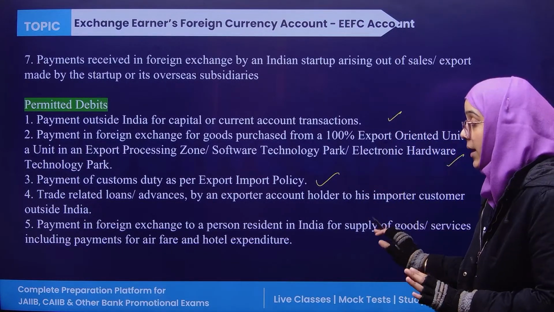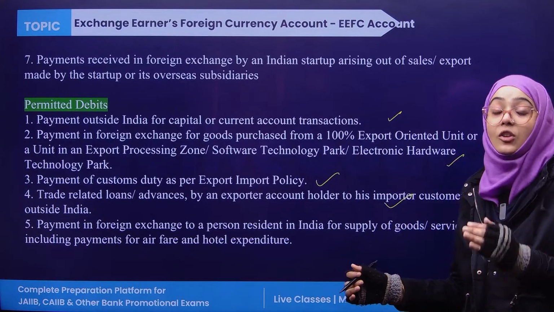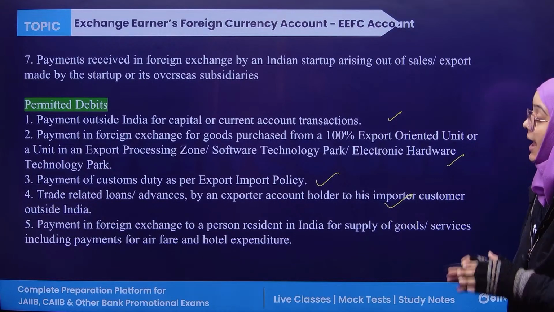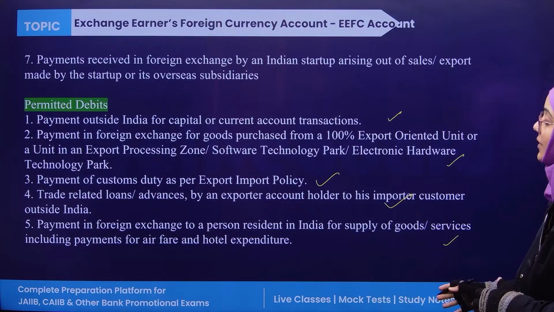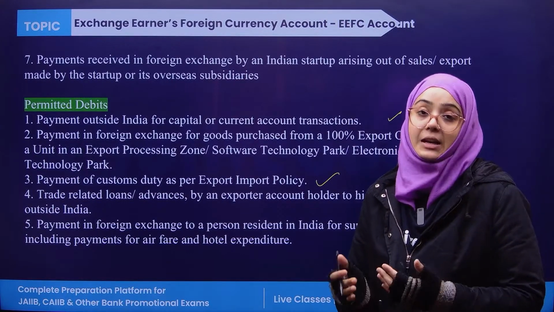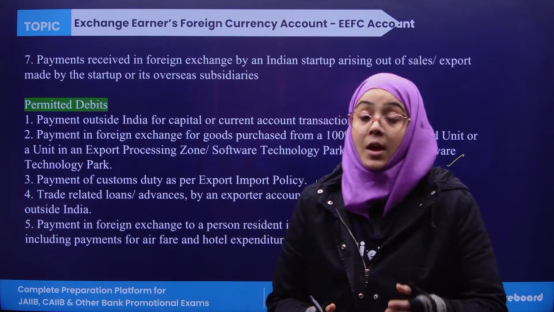Trade related loan, if there is any trade related loan, then the debits can be used for the repayment of these loans. And payment in foreign exchange to a person resident in India for the supply of any goods and services. So these are some of the permitted debits and credits under the exchange earner foreign currency account.